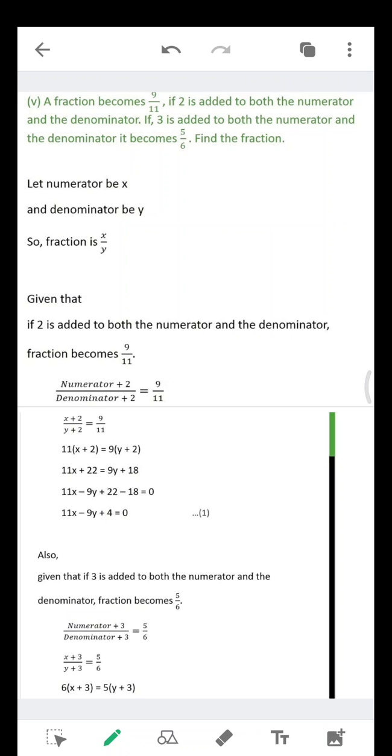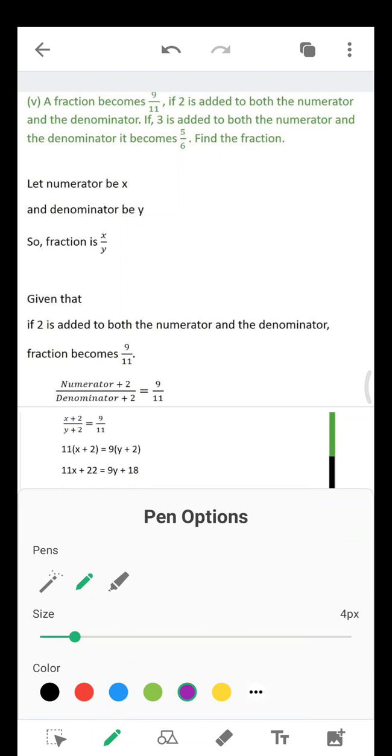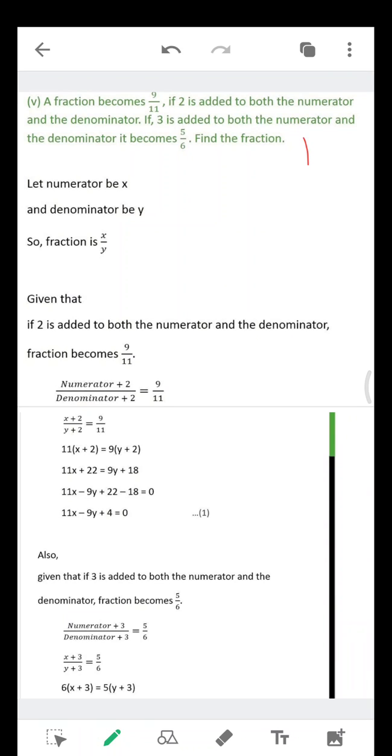Now this is also one of the most important concepts of this exercise, okay, which we are going to do. This is a question based on a fraction. This you can play it like a game at your home. A fraction becomes 9 by 11. Yeah, there is an unknown fraction.